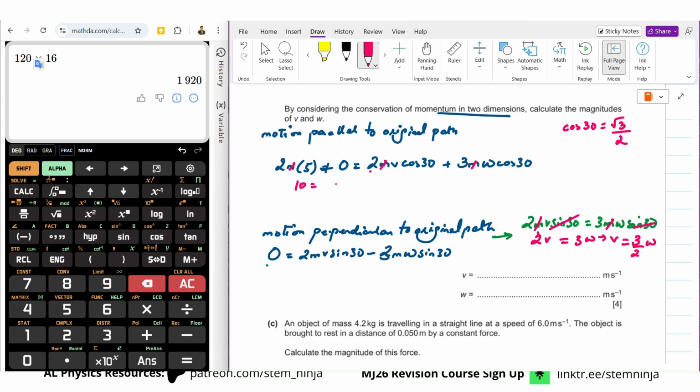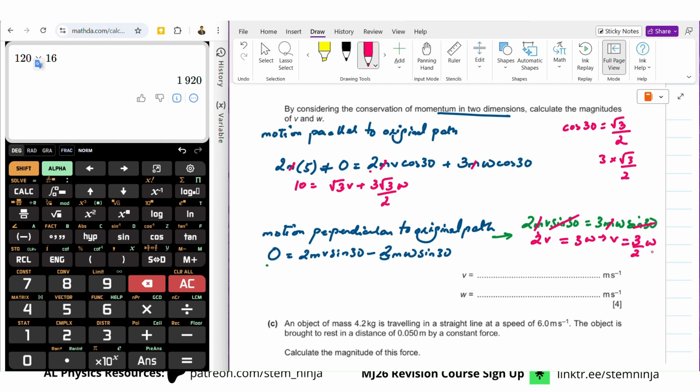So 2 times that just becomes root 3 v. And then 3 times cos of 30, that is this. So that is going to be 3 root 3 over 2 w.